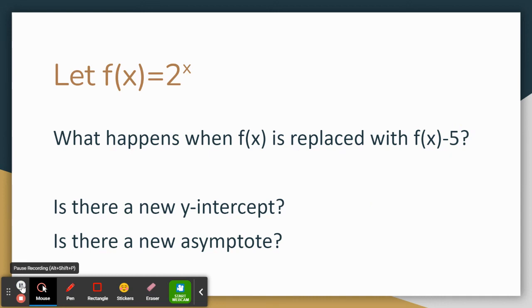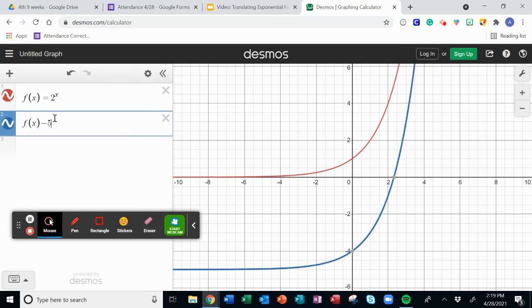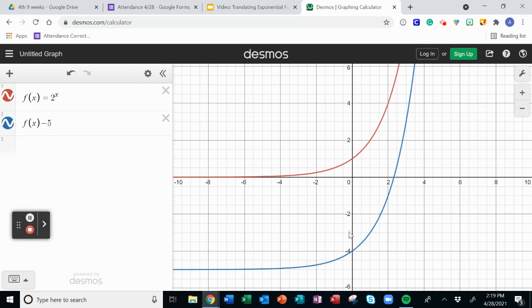Okay, this next one says what happens when f of x is replaced with f of x minus 5. Okay, let's take a guess. What do you think is going to happen? Our graph should be moving down 5 units, but let's verify using Desmos. All right, notice my parent function is still 2 raised to the x, and now I'm just going to type in f of x minus, and the new function is this one down here.